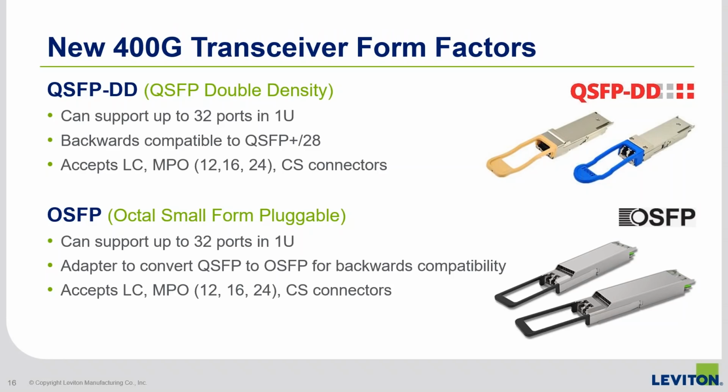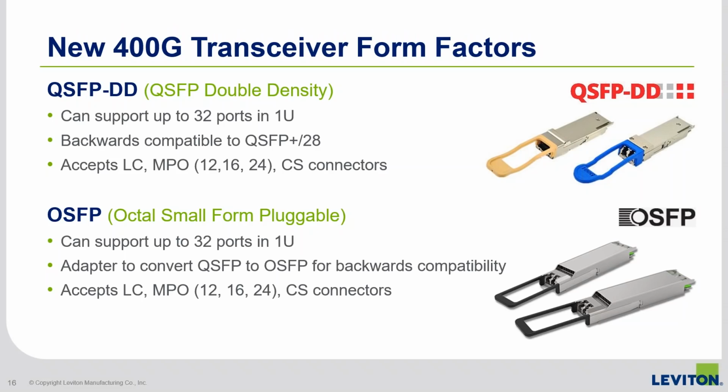In addition, there is another option called the OSFP, octal small form pluggable. That's also 32 ports. There is an adapter available that can allow backwards compatibility from QSFP ports, and it does accept the same connector types. The OSFP has been designed more for the next generation, potentially 800 gigabit down the road.